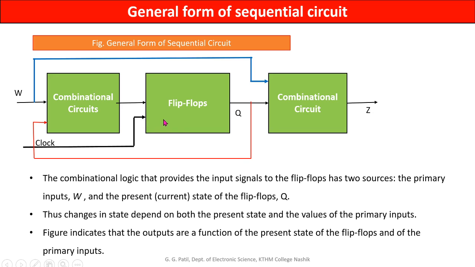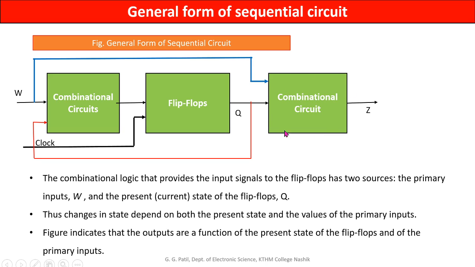The clock input must be given as either type of clock signal, that is, maybe a level triggered clock or an edge triggered clock. So that clock must be there, and it produces the output that is called the state variable or the state of the machine, and it is given to the combinational circuit, the output logic block.